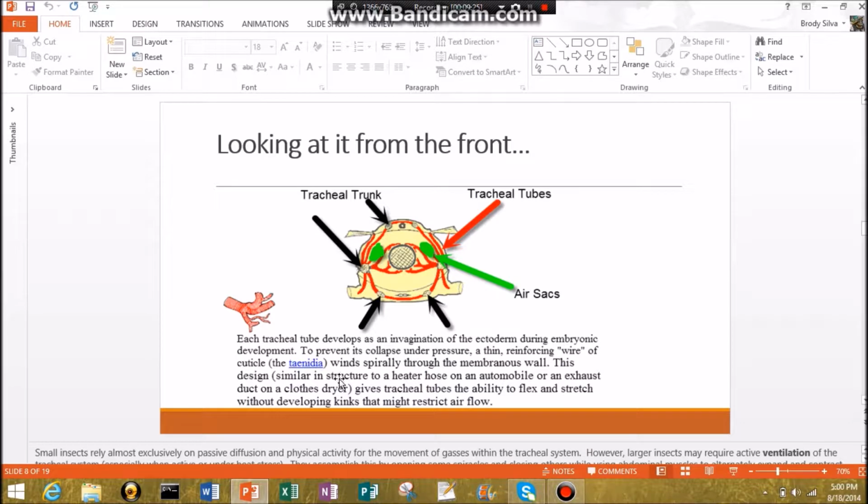This design is similar in structure to the heater hose on an automobile, and very much like the cartilage in your trachea. It gives tracheal tubes the ability to flex and stretch without developing kinks that restrict airflow. Basically, all of these are tiny tracheas.